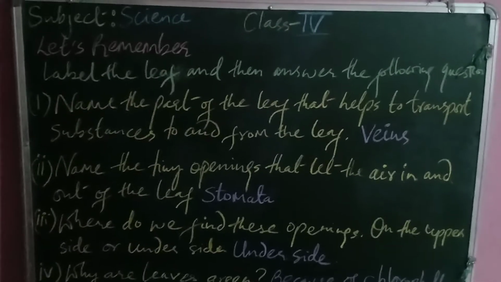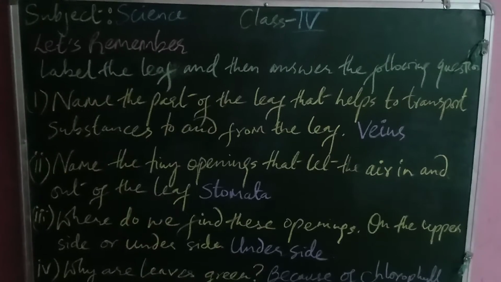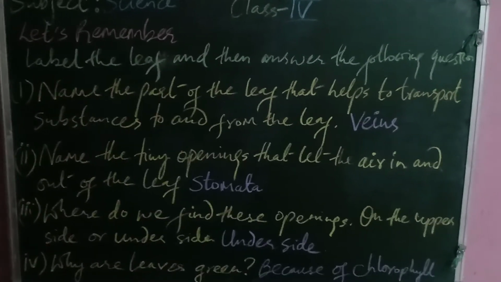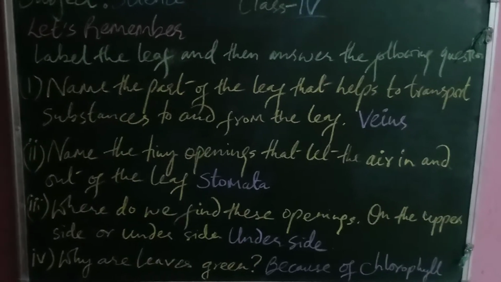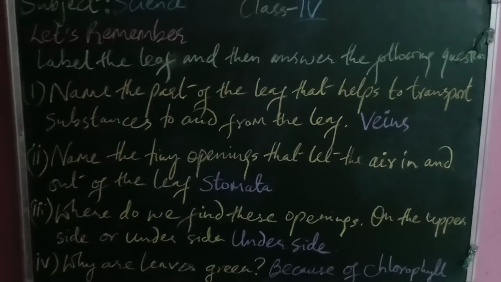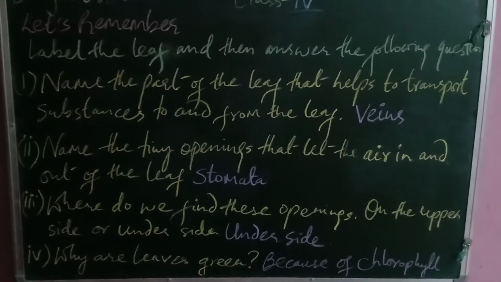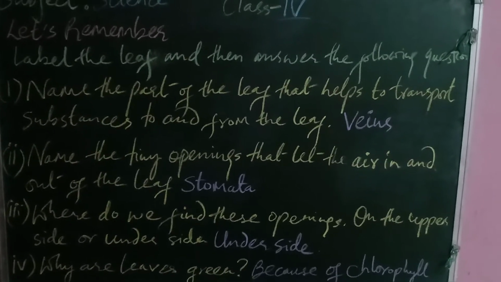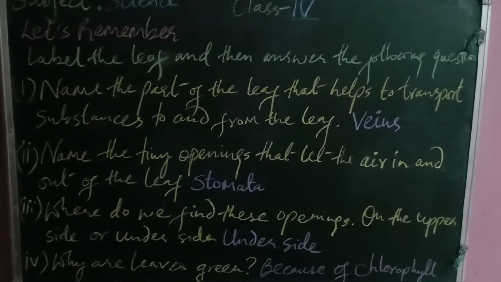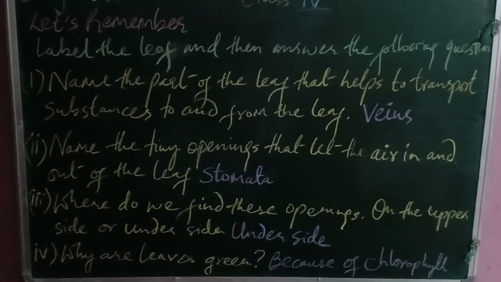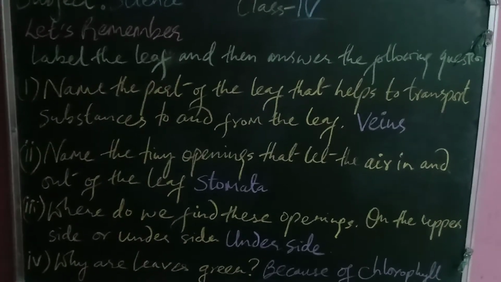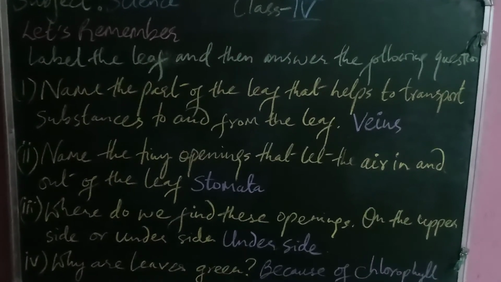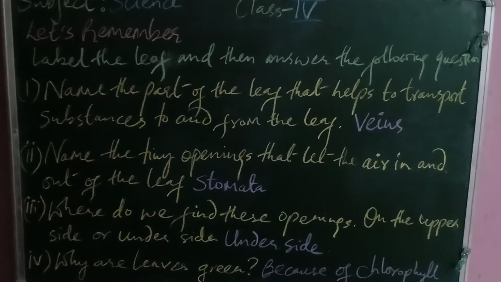Okay, so name the part of the leaf that helps to transport substances to and from the leaves. So that will be your veins. Okay, question number 2, name the tiny openings that let the air in and out of the leaf. That will be your stomata. Then question number 3, where do we find these openings, on the upper side or underside?